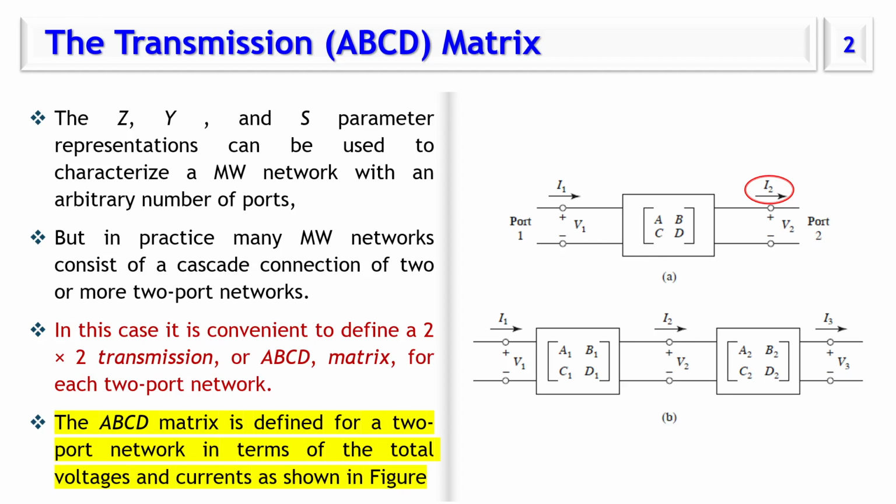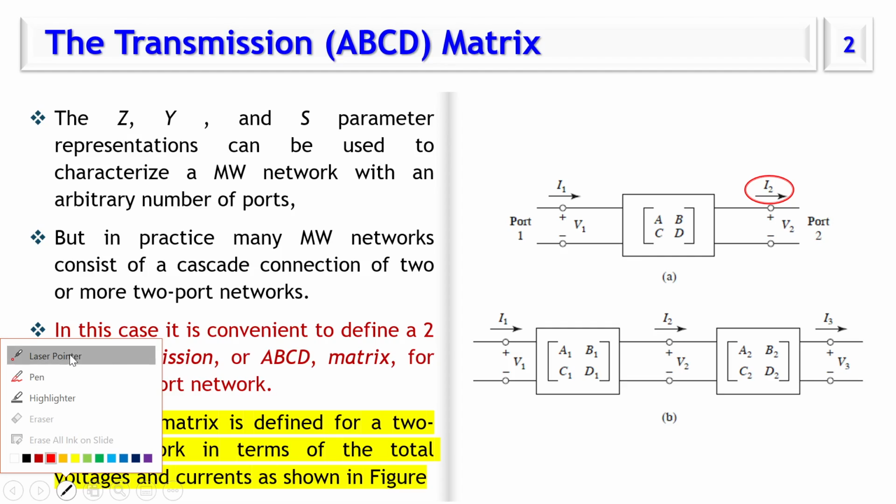So the need for another network analysis tool, another matrix, arose from this fact. There was a need for a new matrix that is easier to cascade multiple sections.